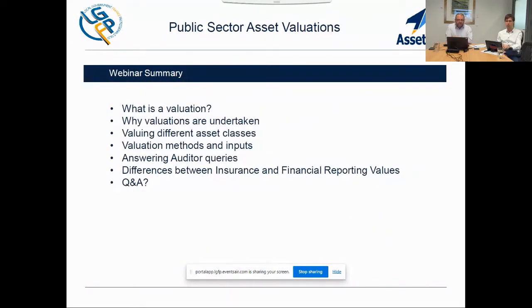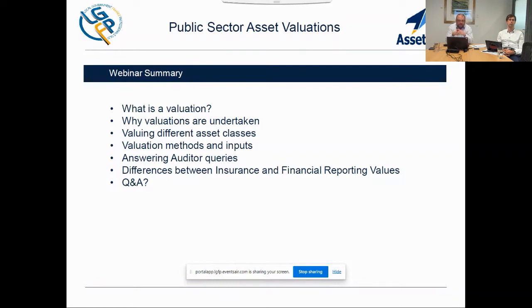So just a quick summary of what we're going to briefly talk about today. We'll talk about what a valuation is, why they are undertaken, and the various different purposes that a party or a reporting entity might procure a valuation. We're going to talk about how we value different asset classes, which is probably more specific to the financial reporting valuation space.